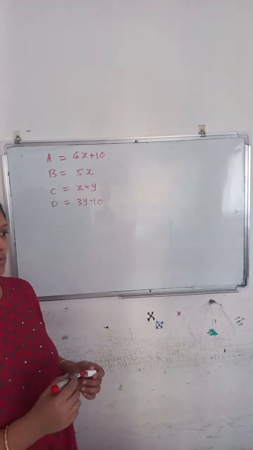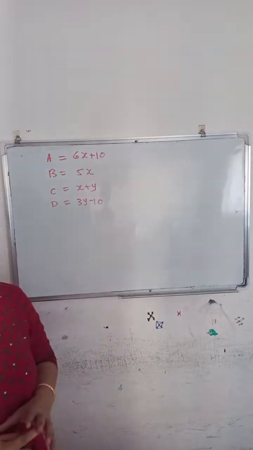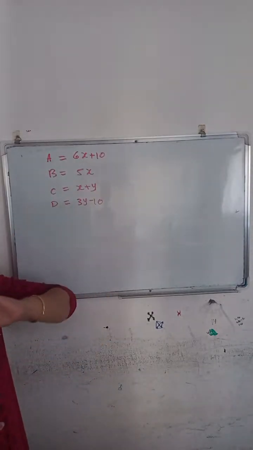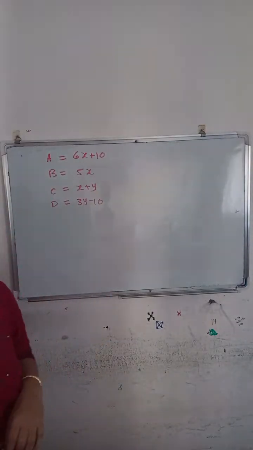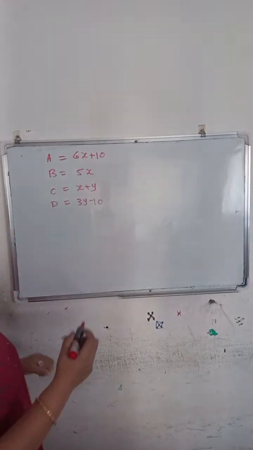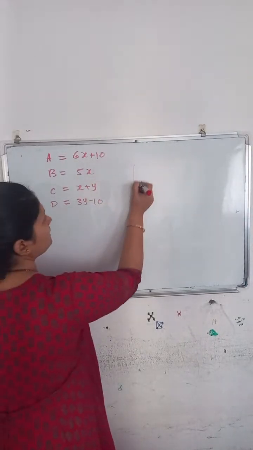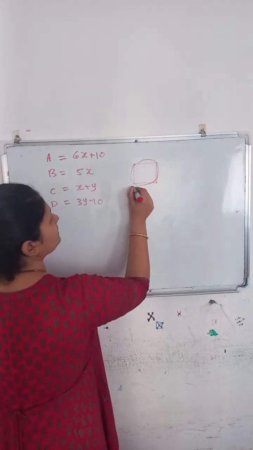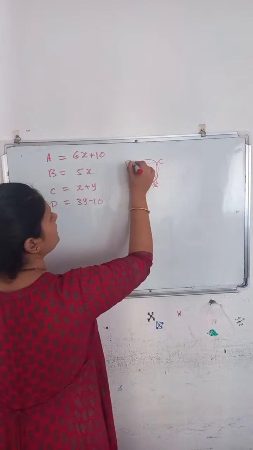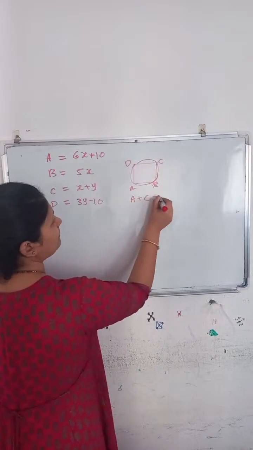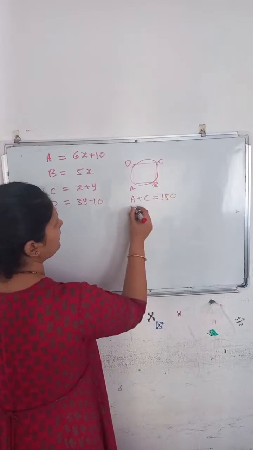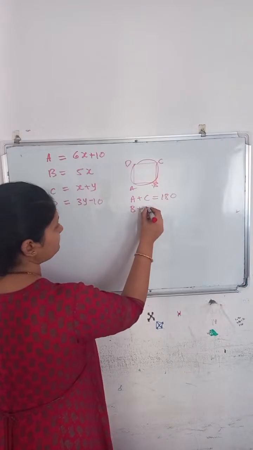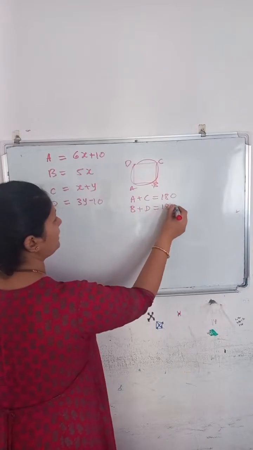So everyone knows what a cyclic quadrilateral is. In a cyclic quadrilateral, the opposite angles sum to how much? 180. So suppose this is a cyclic quadrilateral A, B, C, D. That means angle A plus angle C is 180 and angle B plus angle D is also 180.